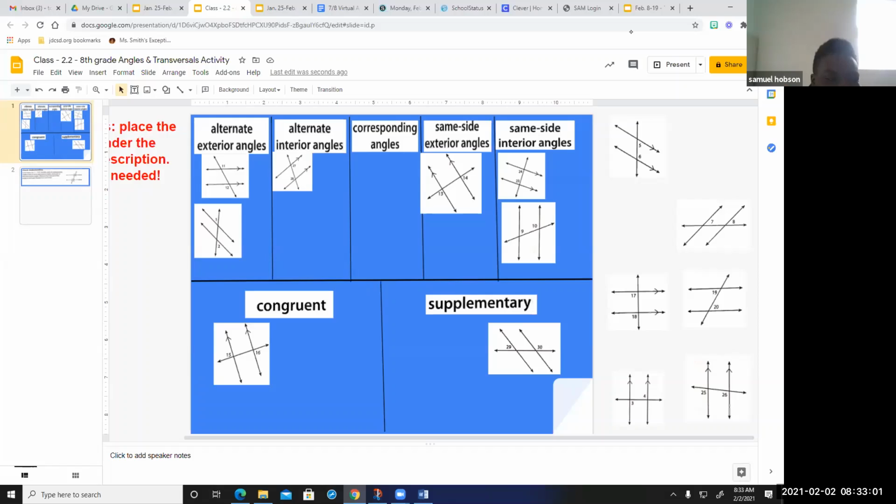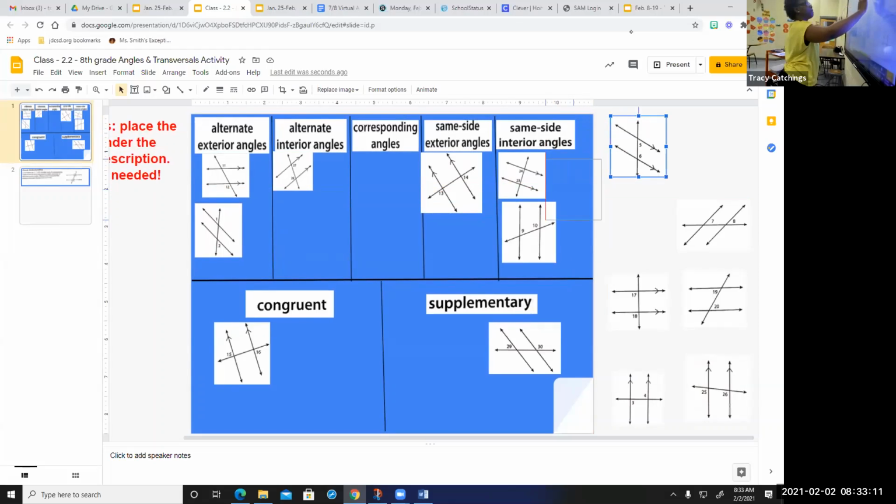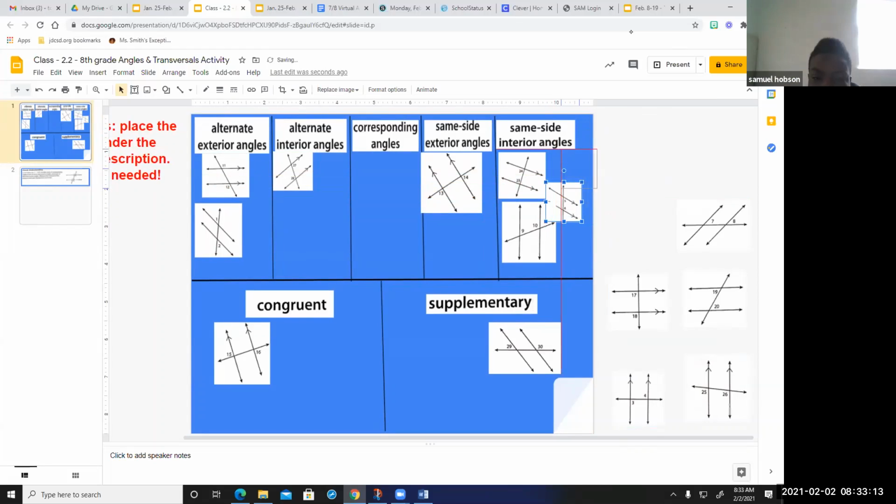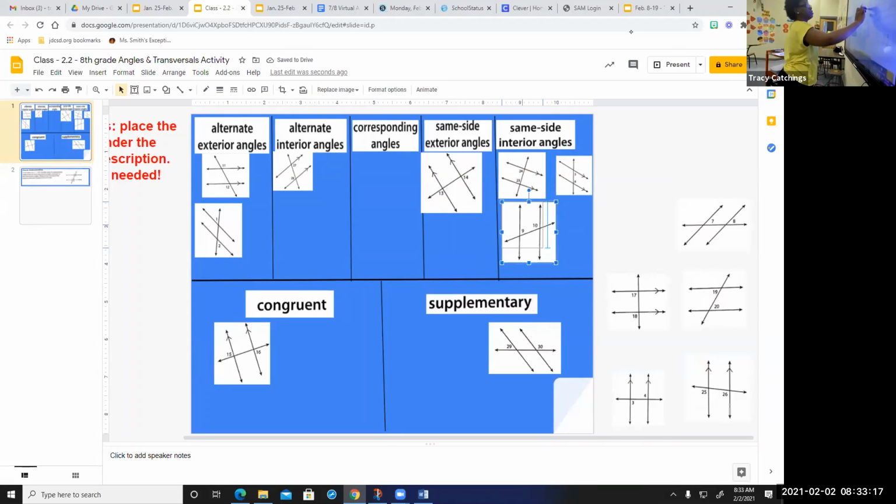Oh, I'm going to mute it. 5 and 6 is same side interior, right? Good job. Same side interior. I just resized it a little bit to make it smaller. All right, somebody else.